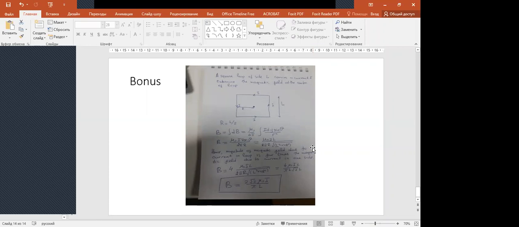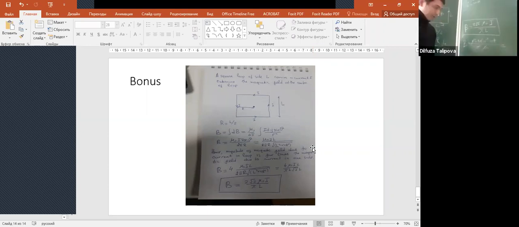Sorry, 1.41. So 1.41 multiplied by 4 gives 5.6. Here the 5.6. So 10 to the negative 7 multiplied by 10 is equal to 10 to the negative 6. It's micro. This is the final answer.